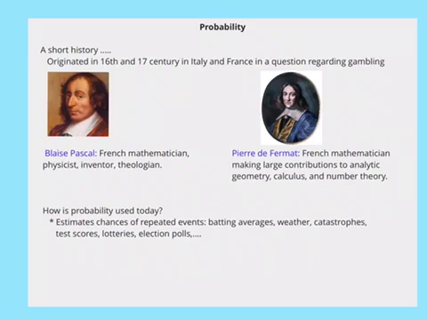Pierre de Fermat was a very influential mathematician as well. He studied law prior to mathematics. He made lots and lots of contributions to the field of mathematics in geometry, calculus, and number theory. And he actually made a statement as a side note in a book that he was reading about a theorem that he thought he could prove, and he jotted it down but never proved it.